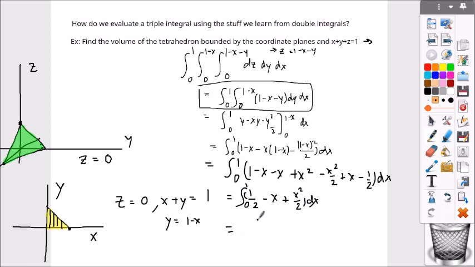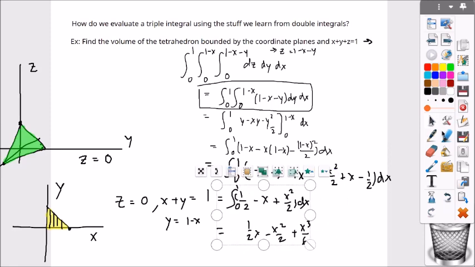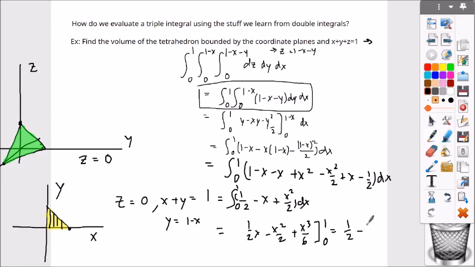Okay, so that's equal to 1 half x minus x squared over 2 plus x cubed over 3. No, not x cubed over 3. I'm sorry, x cubed over 6. Alright, so what will this give you? Evaluate from 0 to 1. This will give you 1 half minus 1 half plus 1/6.